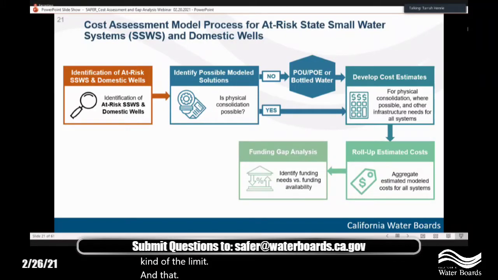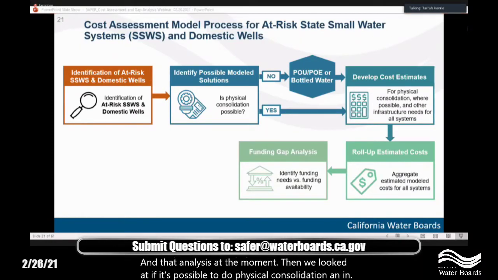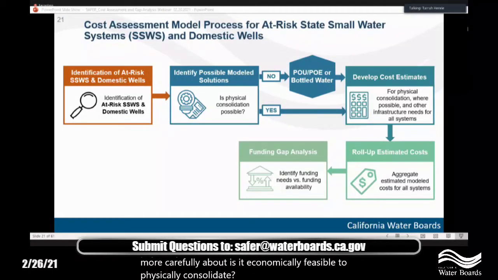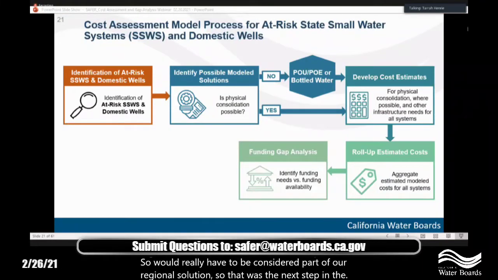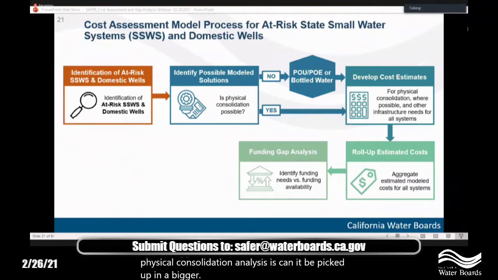Then we looked at if it's possible to do physical consolidation. And in this case, we really have to look much more carefully about, is it economically feasible to physically consolidate? It doesn't make sense to run a 1-mile pipeline to pick up one domestic well. So it would really have to be considered part of a regional solution. So that was the next step in the physical consolidation analysis, is can it be picked up in a bigger consolidation? So that's cost effective.